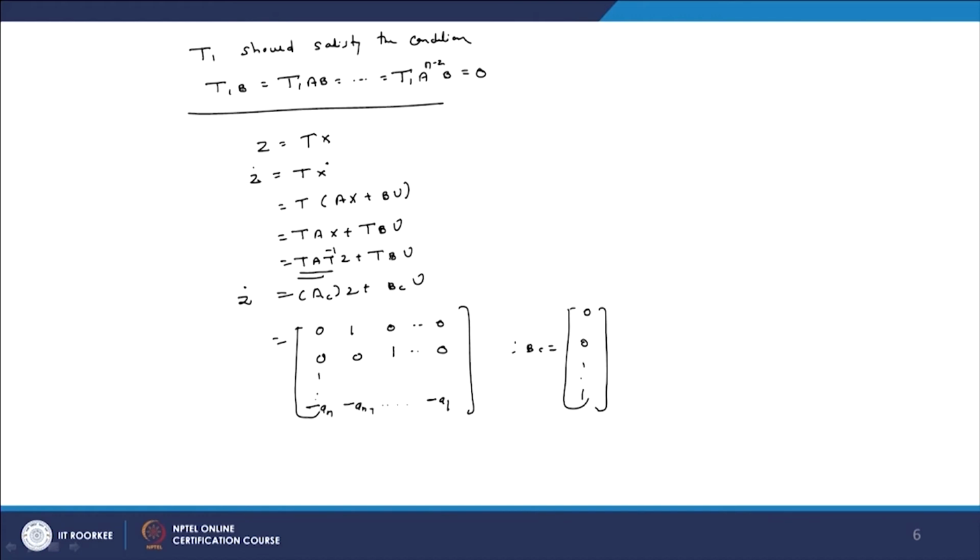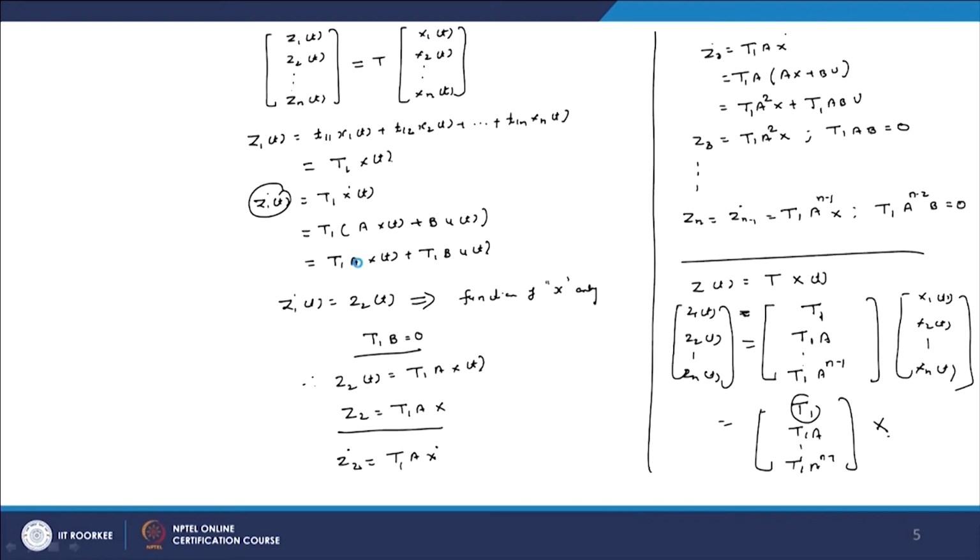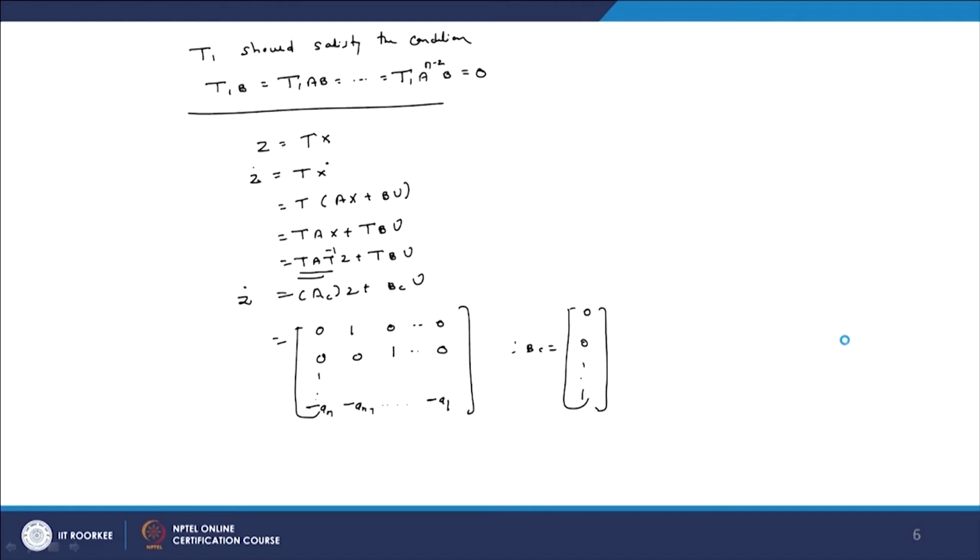Here in T into B there is the involvement of T1, T1 A, up to T1 A raised to n minus 1. So, if we compare the equation of Bc with respect to TB, let us see what condition we will get.